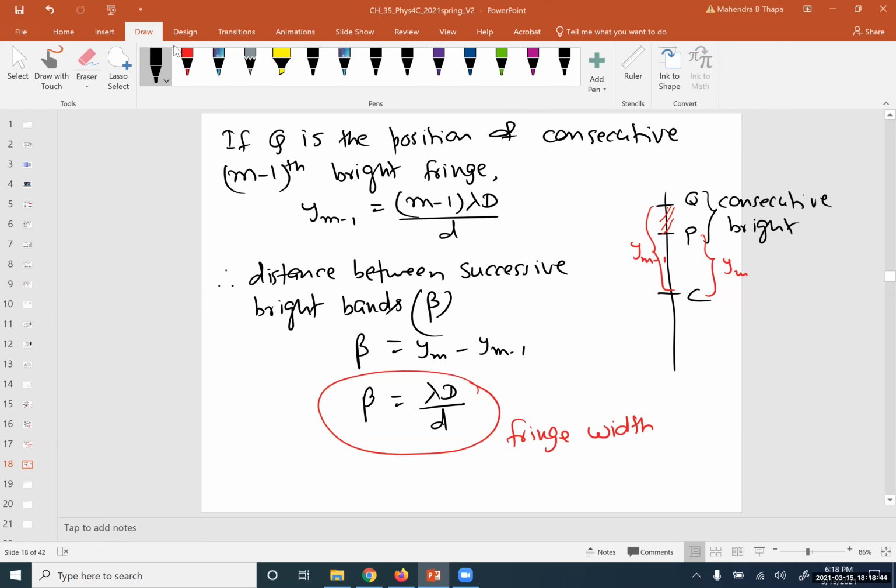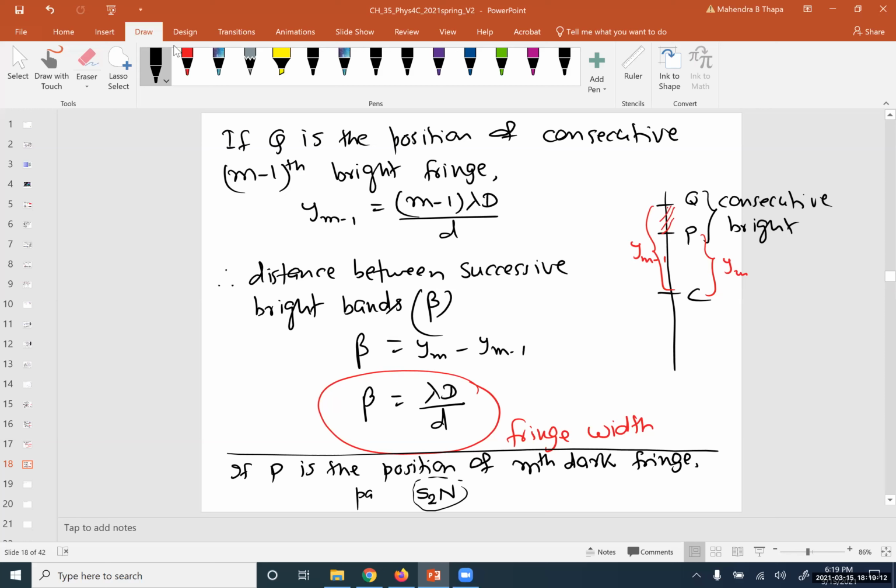Let's see, if P is the position of the mth dark fringe, not a bright one, then the path difference will be (m plus half) lambda.